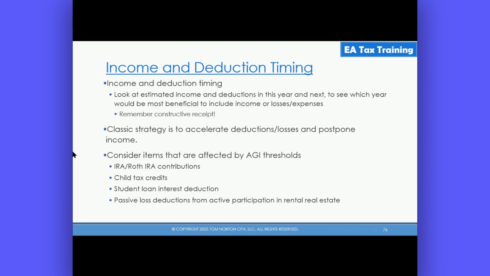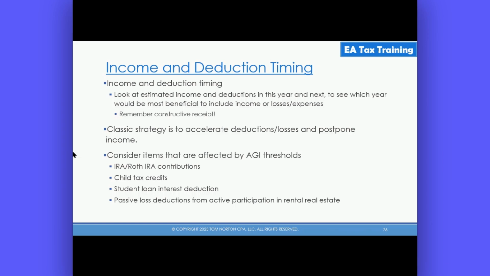You do want to consider items that are affected by adjusted gross income thresholds. We've talked about a lot of these as we've gone through the course. IRA contributions, going to depend somewhat on your AGI. Child tax credits, student loan interest deduction, and then passive loss deductions from active participation in rental real estate. That's actually something we'll talk about in part 2, but it is another thing that is influenced by your adjusted gross income.